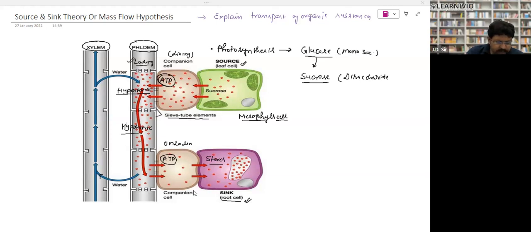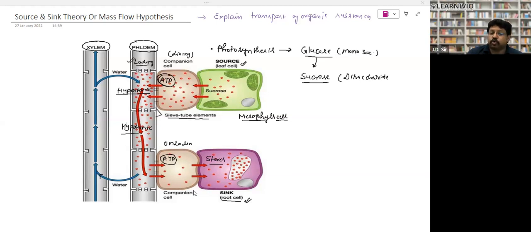It is the long distance movement of organic substances from source or supply end, that is the region of manufacture, to the region of utilization or sink. Full stop.